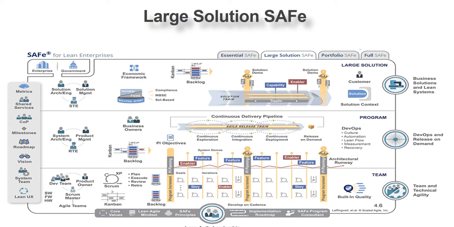So if you were just working on Microsoft Word, then the essential SAFe would have been enough. But now if you are working on Word, on Excel, on PowerPoint, each of them is a train. And when you integrate all of these together is when you get a solution that is Microsoft Office. So that's the large solution layer.